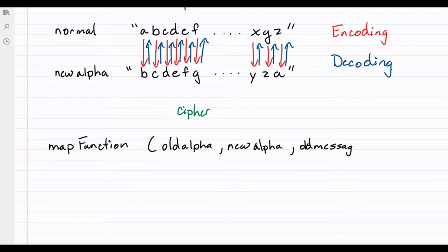Those would be the three things we send into that function, and it would just return a new message using the new alpha.